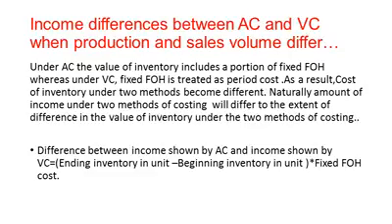Naturally, the amount of income under the two methods of costing will differ to the extent of the difference in the value of inventory under the two methods. So the difference between income shown by absorption costing and income shown by variable costing is ending inventory in units minus beginning inventory in units, multiplied by fixed factory overhead cost.